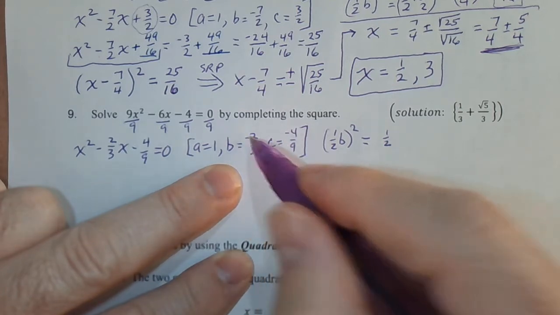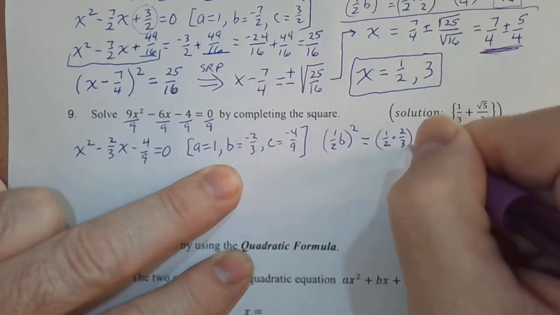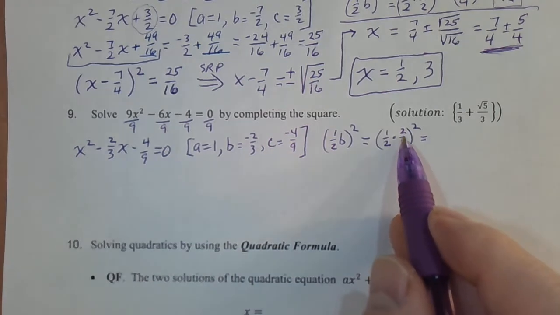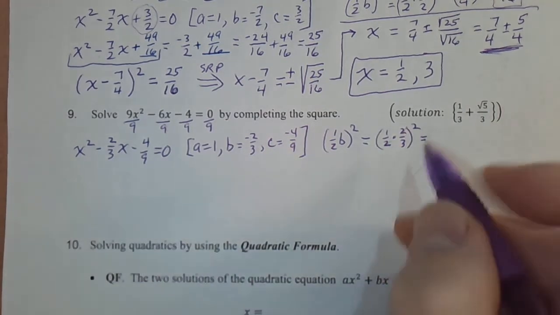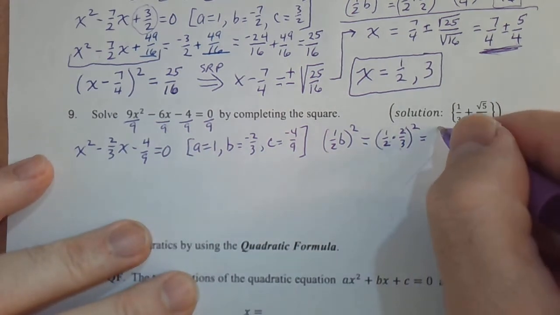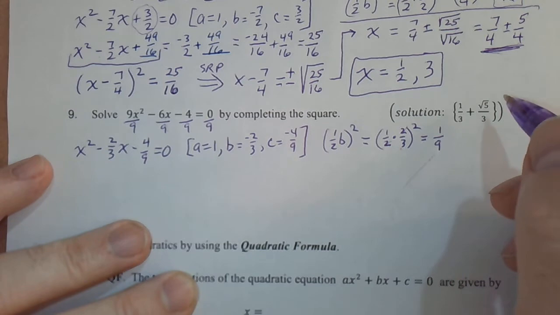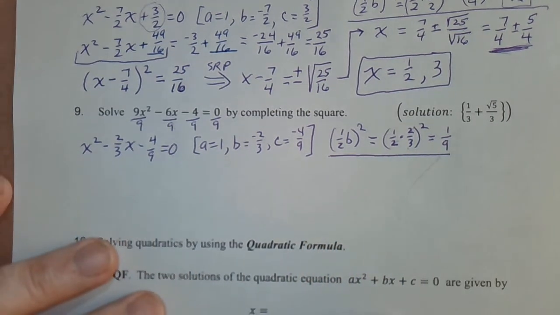I don't need to worry about the negative sign. Well, what do you get when you multiply 1 over 2 times 2 over 3? Those 2's cross cancel. And you get 1 over 3 squared. 1 over 3 times 1 over 3 is 1 over 9. So that is going to be my magic number that I'm going to add to both sides.